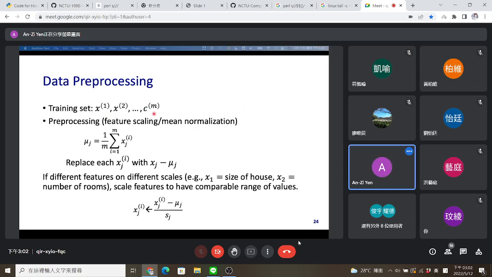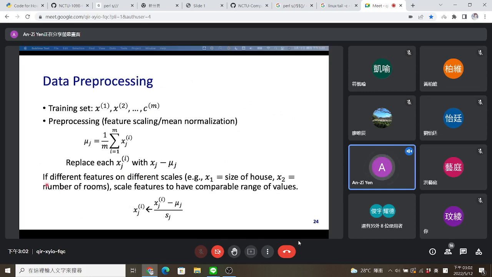Okay. So for mean normalization, we first compute the mean of each feature, and then we replace each feature x with x minus its mean. This makes each feature have exactly zero mean.